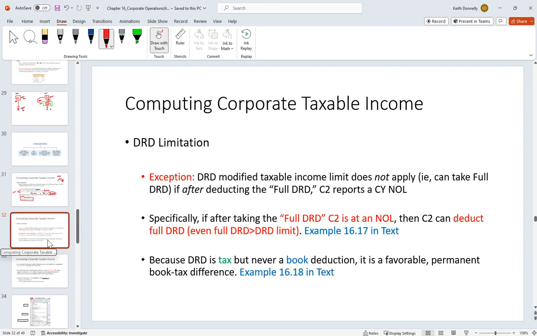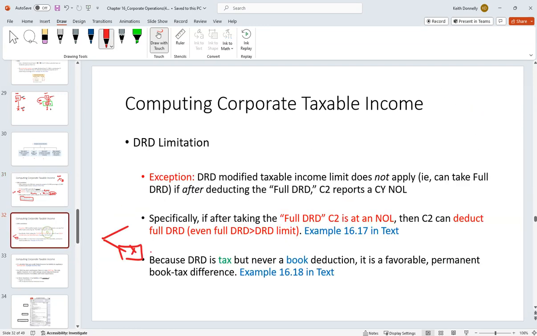Now, you can look at this as kind of like the exception to the exception. This is basically saying there's a situation that arises if you deduct the full DRD and it would put you at an NOL. If you ran the numbers and that happened, then you can deduct the full DRD even if it isn't the smaller of the two. So say you picked the $5,000 over here.